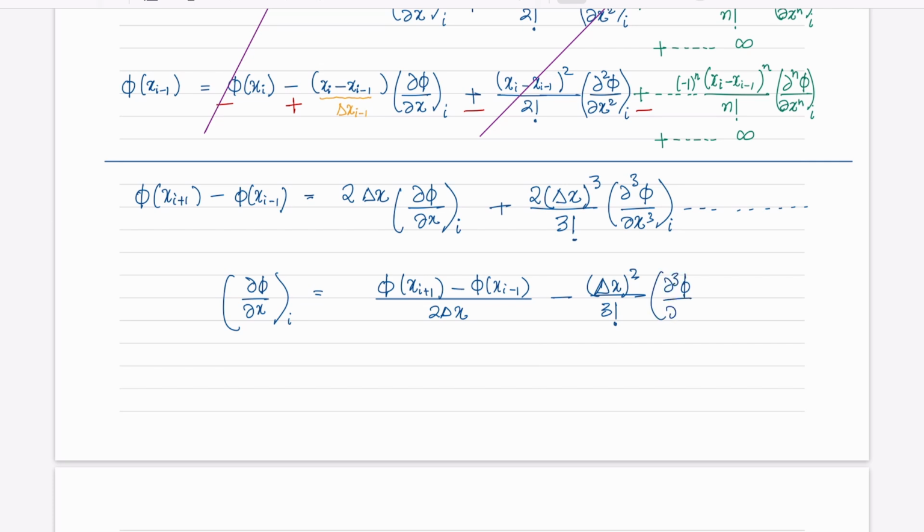I think I'm doing it correct. If not, please let me know in the comments if there are any algebraic mistakes, which may happen.